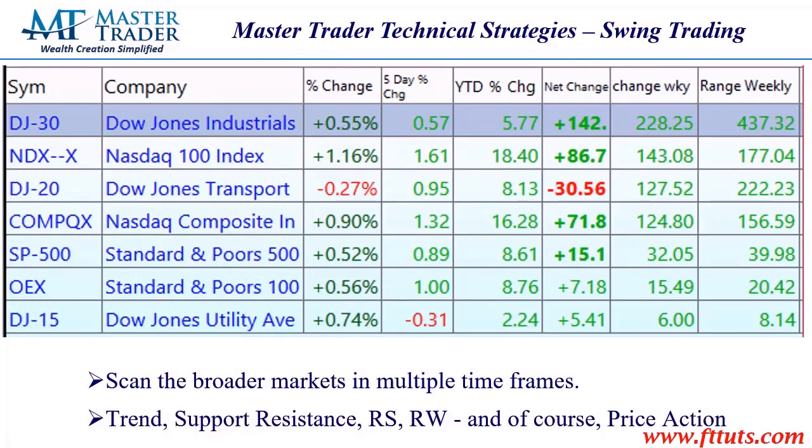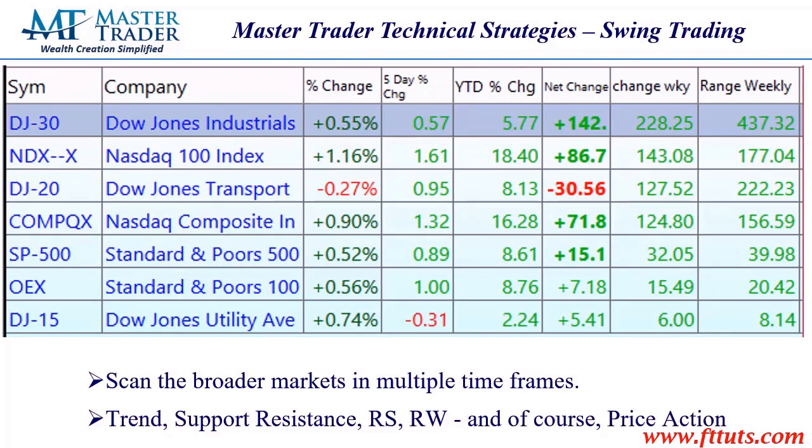Okay, so this is one of my minders where I'm looking at the cash markets and seeing the percentage change on the day, over the course of a week, over the year, the net change, the weekly change, and the range. That helps me come to some assessment as to what's happening in the broader markets.